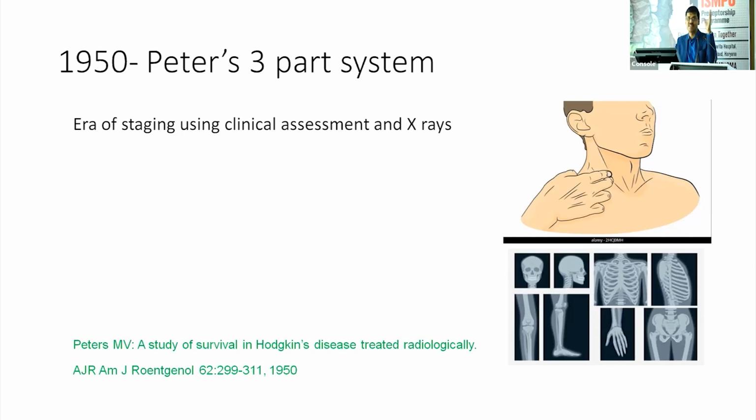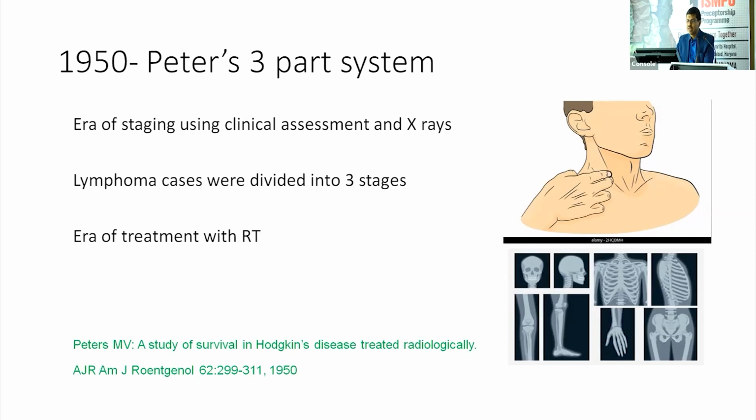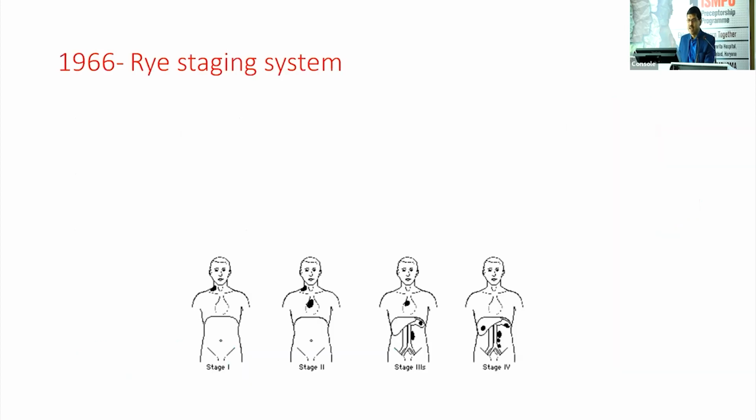That was the era of nitrogen mustard, the only drug for lymphoma, and radiotherapy, almost mantle field radiotherapy, inverted Y shape radiotherapy, used to have its limitations. So they were classified into 3 stages. I tried a lot to find the original paper, but somehow this paper is missing from the archives. So what we know of this is that it was the first instance in the history of mankind when a staging system was used for lymphoma.